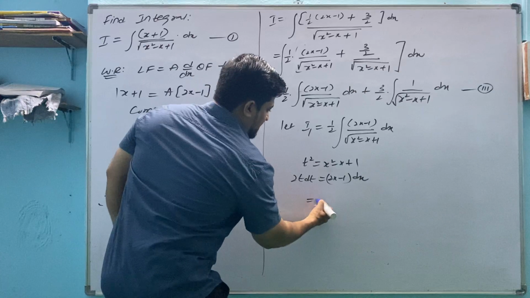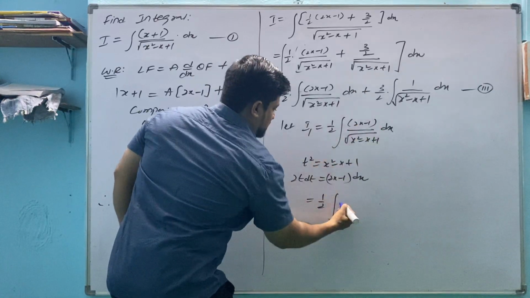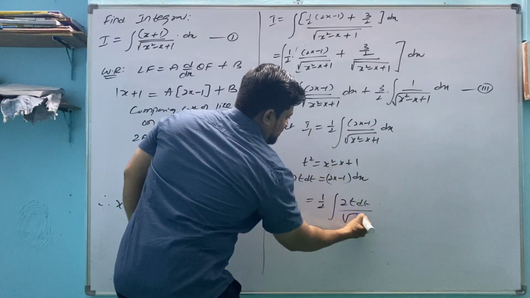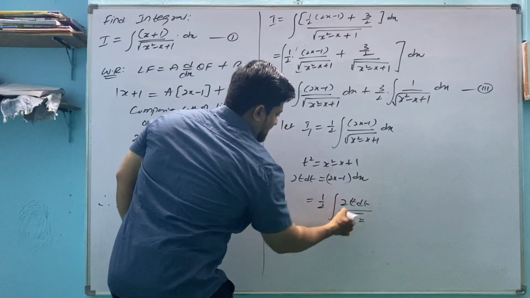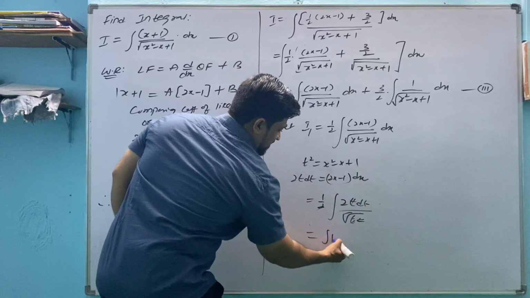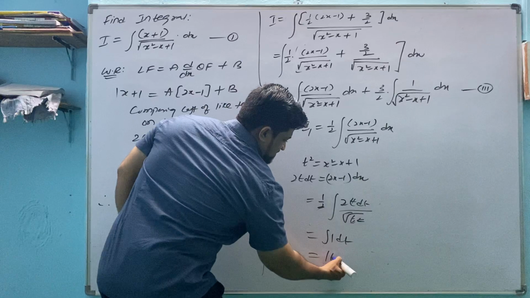Then this will be 1 by 2 integral. This becomes 2t dt divided by root over t square. Square root and t cancelled, 2 also cancelled. Integral 1 dt, 1 dt is t plus c.